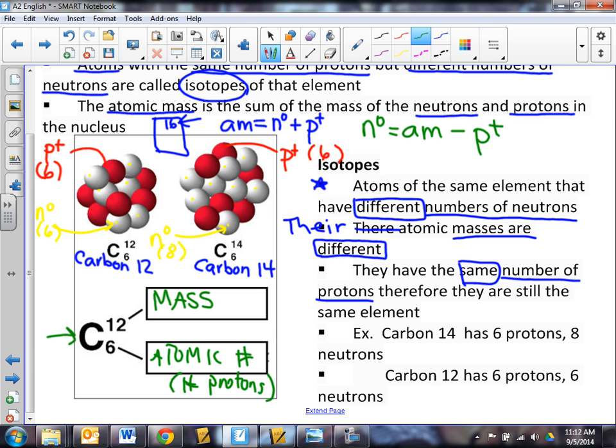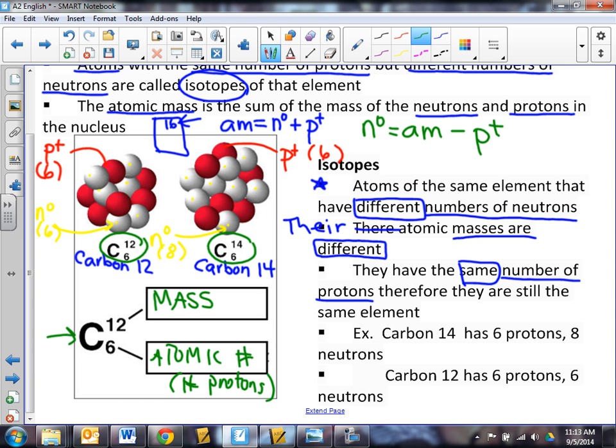And this way of representing an atom is good anytime, not just when we're talking about isotopes. The mass goes on the top, the atomic number goes on the bottom. And so if I wanted to ask you about isotopes, I might just show you those two symbols and ask you what's going on. I might not actually write out the words carbon-14 and carbon-12.